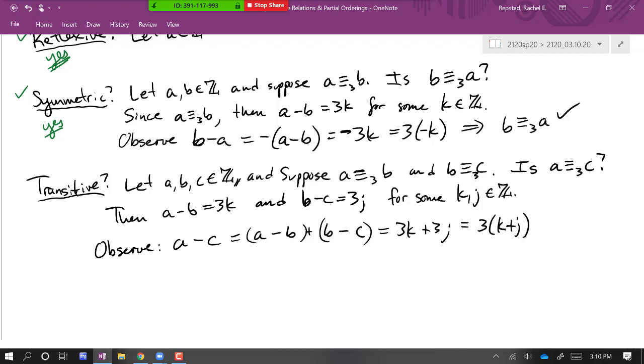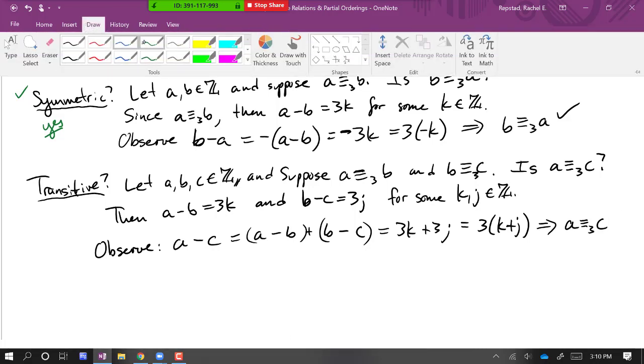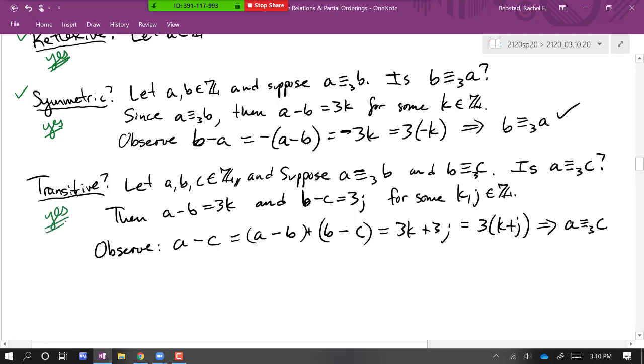What does this allow us to conclude? So yes, it's transitive, and that means that it's an equivalence relation.